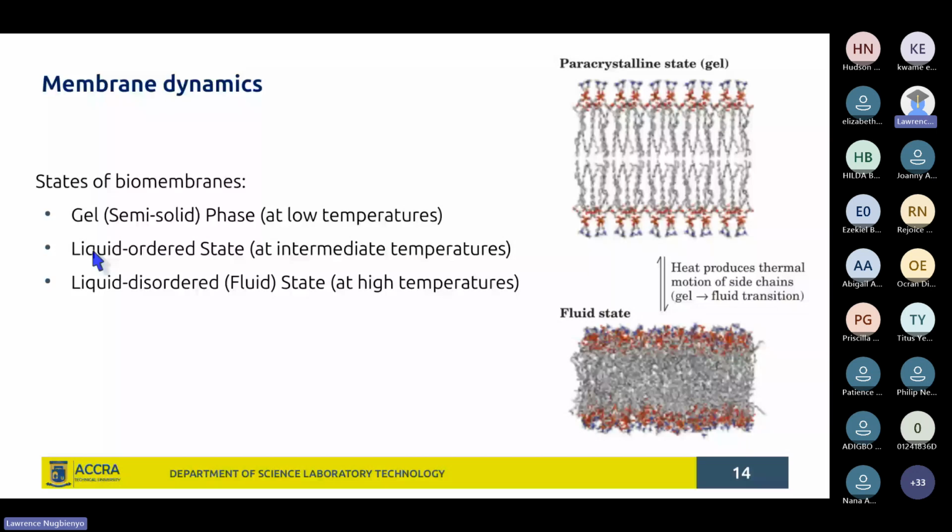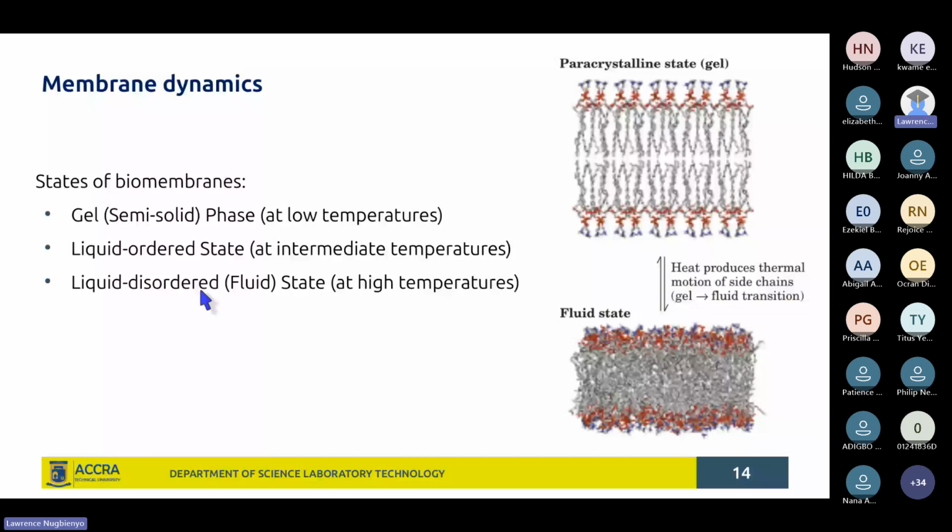It's ordered. But if the temperature goes high, the biomembrane lipids become more fluid. The movement is much more because these molecules are more agitated. And of course, you are going to have what is being referred to as a liquid disordered or a fluid state of the membranes.